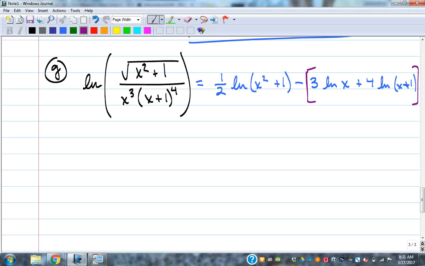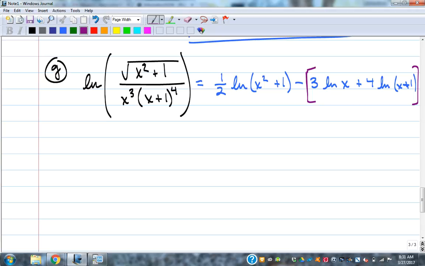If you distribute the minus sign to both things inside of the bracket, that's an equivalent solution. We're subtracting all of this bottom part, so we can do it with a minus in front and then a bracket of everything inside, or we could distribute the minus sign to everything that's inside of there, and it's okay. Either of those would be acceptable.